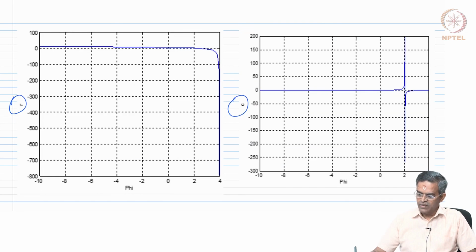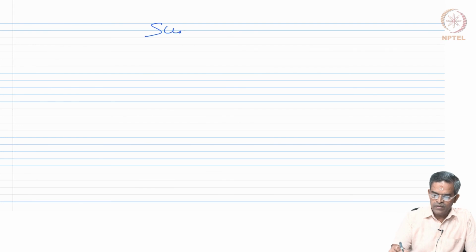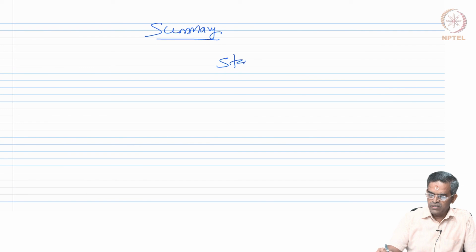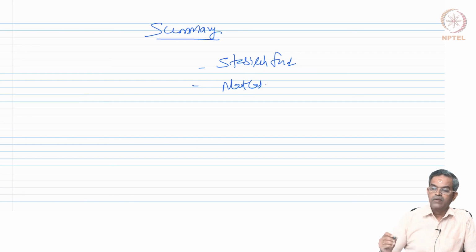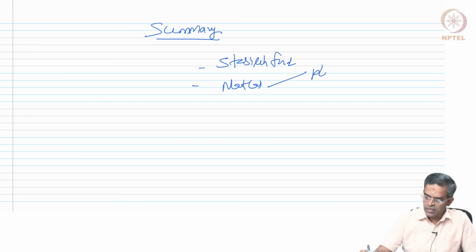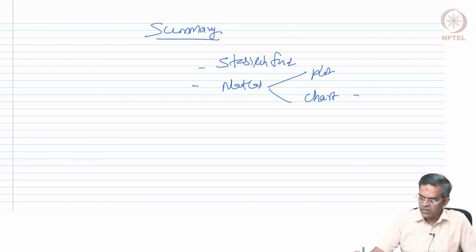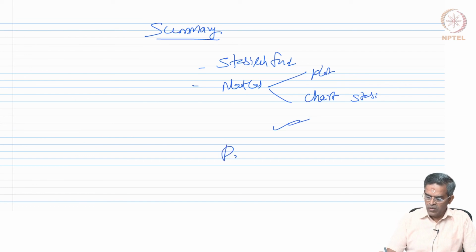Okay friends, in this lecture we learned the stability functions. We also used the MATLAB program to plot them and prepared the chart for stability functions. We learnt it for zero axial load, axial compression and axial tension.